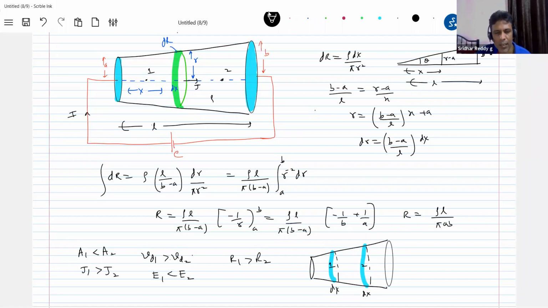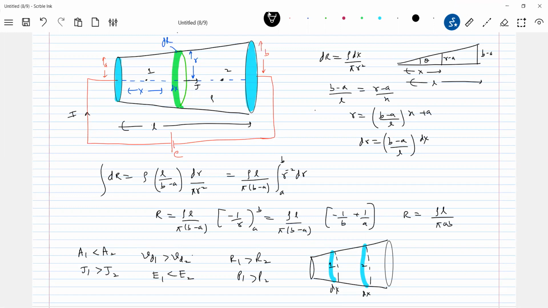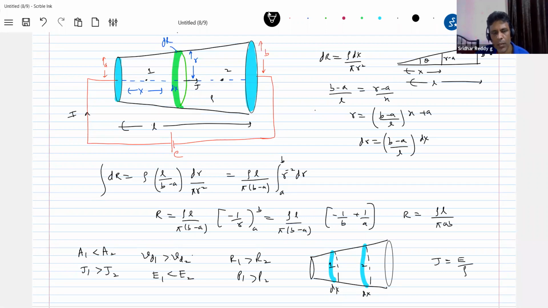Where the current is the same through them, where resistance is more, power is more. So P1 is greater than P2. How did you get the relationship for E, sir? J equals E by rho, no? The material will have uniform resistivity.